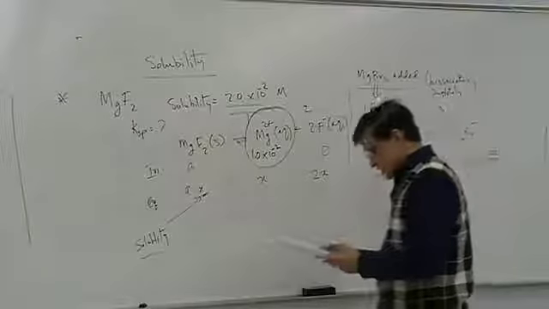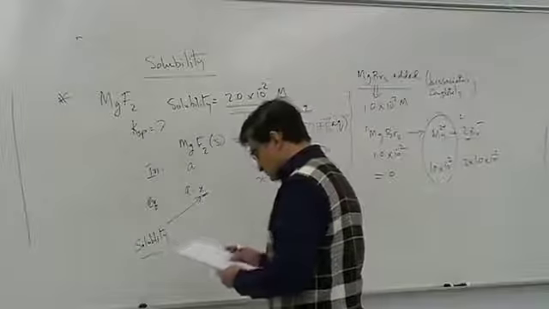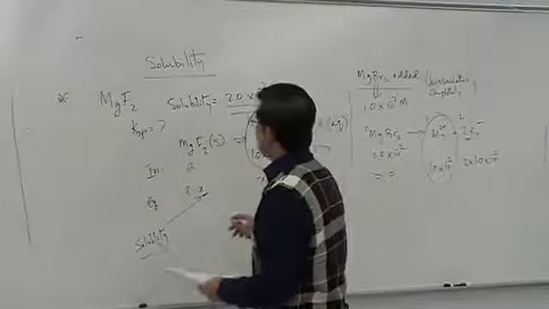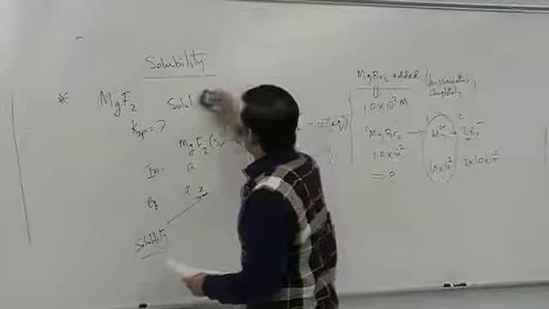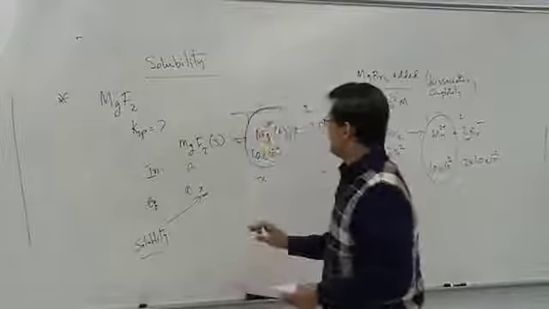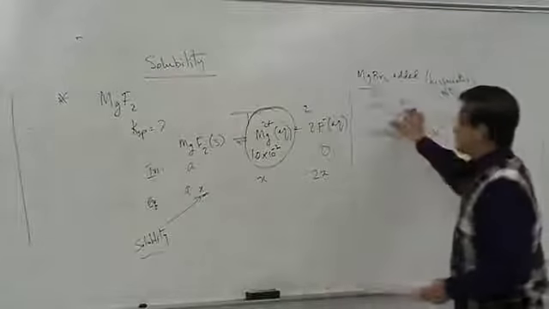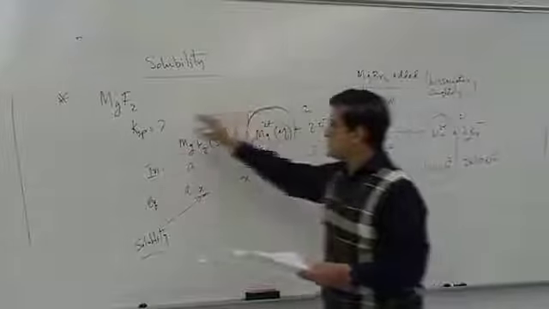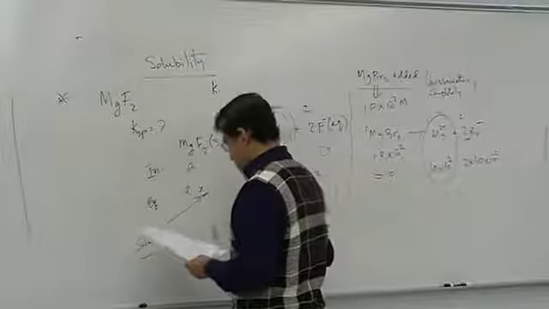So now we need to write down the expression for KSP. Now let's assume that I have the KSP value given in this case. This solubility we're not going to need. So for this question, these are the values given. Concentration of MgBr2 is given, which is 1 times 10 to the negative 2. That is added to MgF2. And the KSP value, in this case, is given.